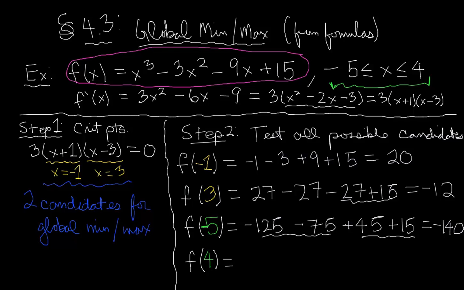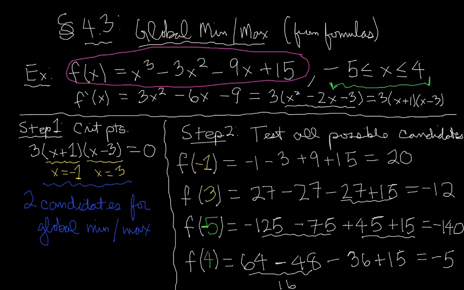Then we plug in 4. 4 cubed is 64, minus 4 squared is 16, 16 times 3 is 48, minus 9 times 4, which is 36, plus 15. We have 64 minus 48, that's 16. 16 minus 36 gives us -20, and -20 plus 15 gives us -5.